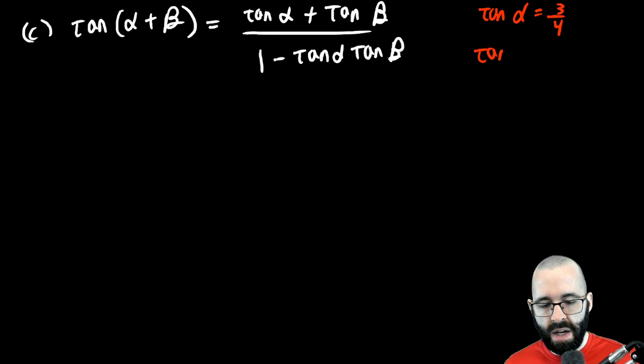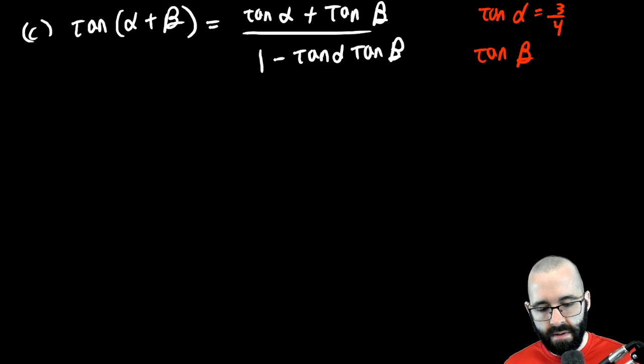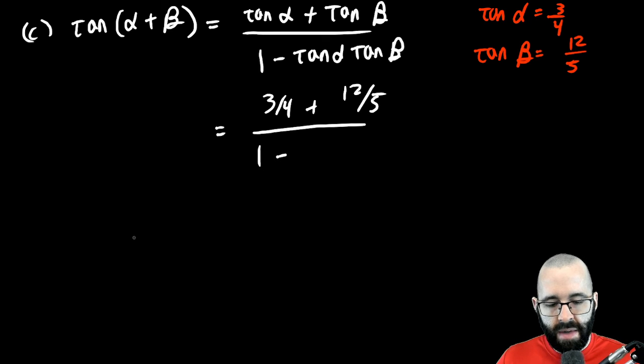What's the tangent of beta? Well, again, opposite over adjacent, 12/5. Tangent is positive in the third quadrant. So tangent of the first, 3/4, plus tangent of the second, 12/5, divided by 1 minus 3/4 times 12/5.